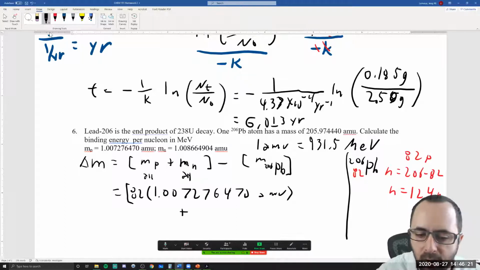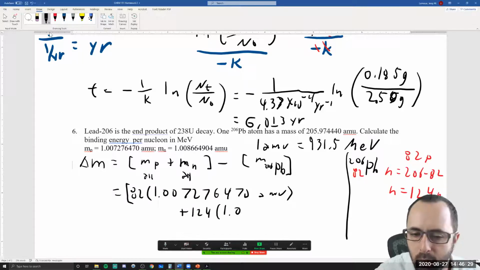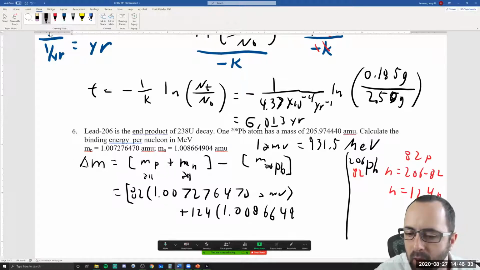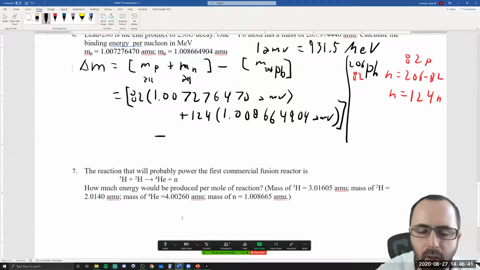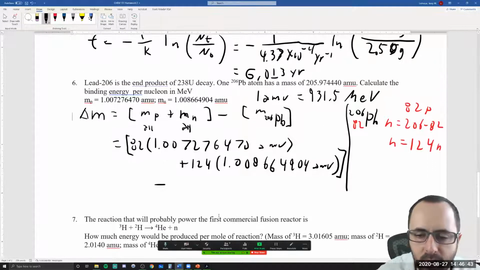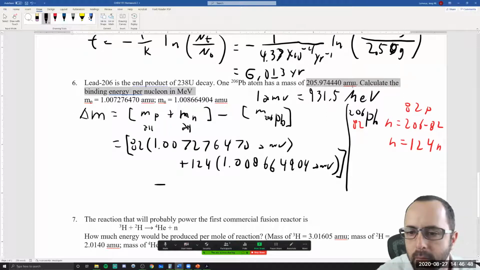We're going to add to that the mass of the neutrons. There's 124 of them, 1.008664904 AMUs. We're going to add those together, and we're going to subtract from that the mass of the lead atom, which was given in the problem right here.